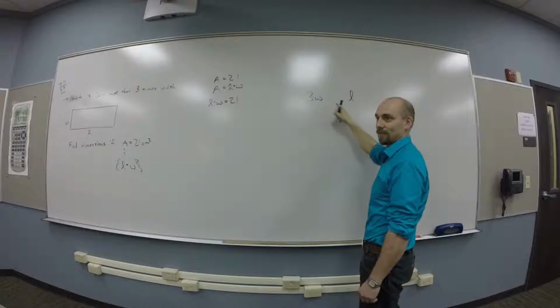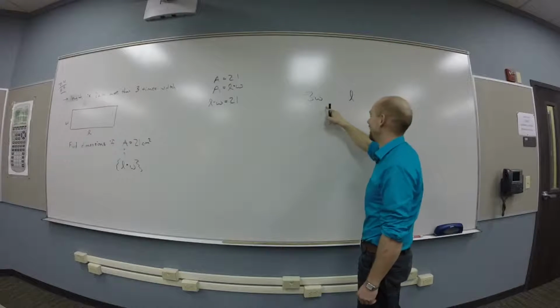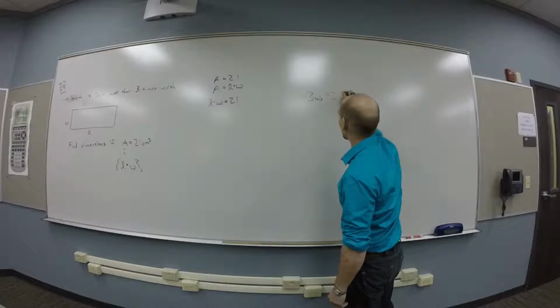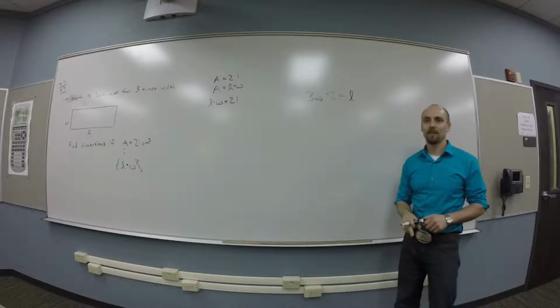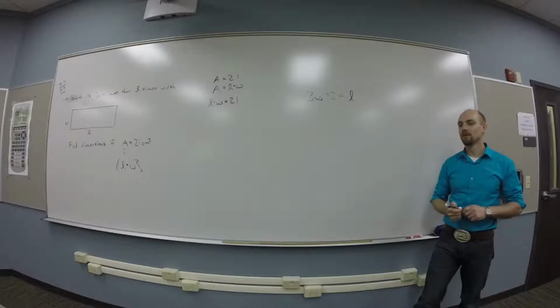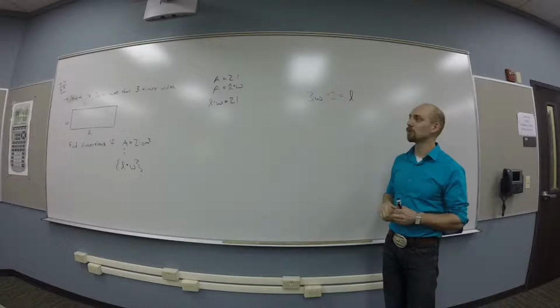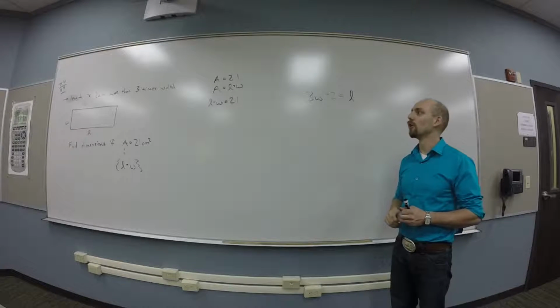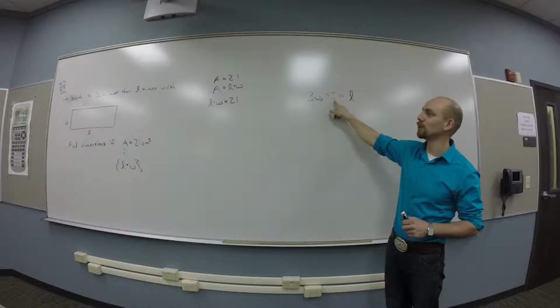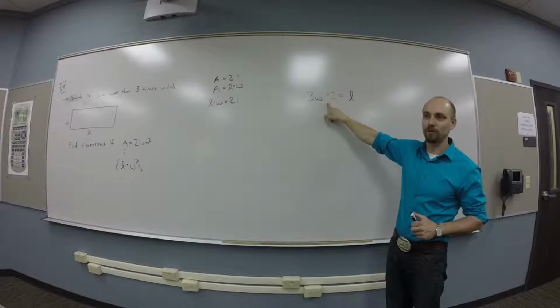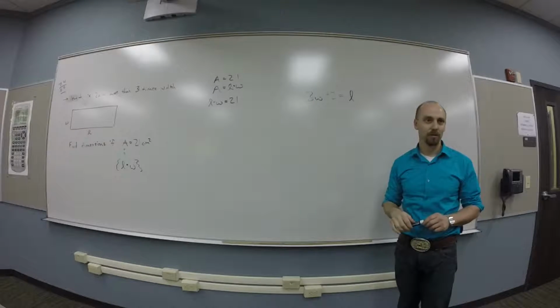So 3W plus 2 equals L. Right, the length is 2 centimeters more than 3 times the width. So length equals 3W plus 2.